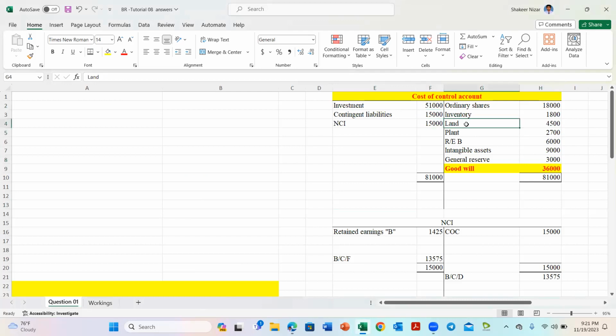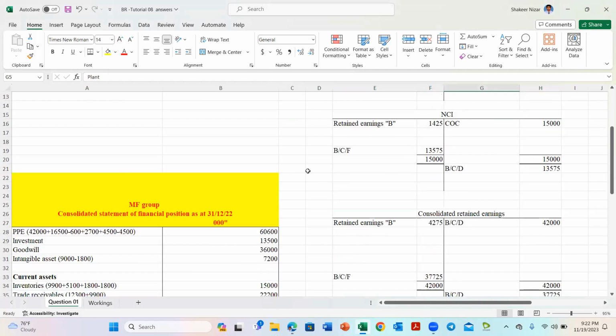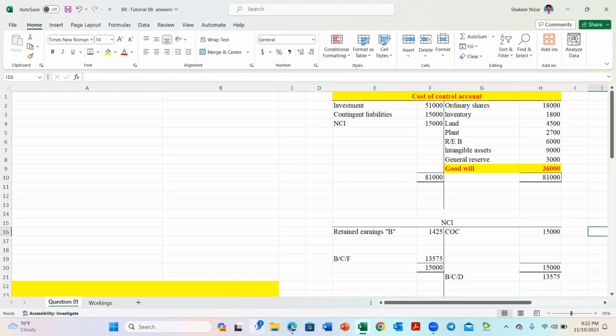NCI is a credit, because it is like a liability account. It's like an increase of a liability, because we are not owning the non-controlling interest. So 15,000 is the cost of control debit and the NCI credit, right? The cost of control 15,000 at the acquisition date.